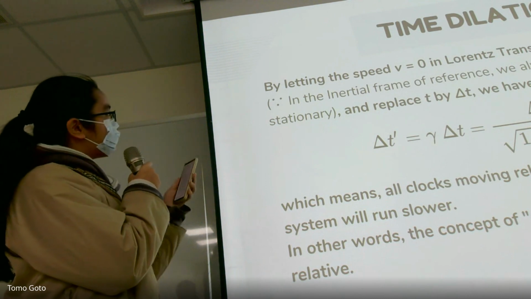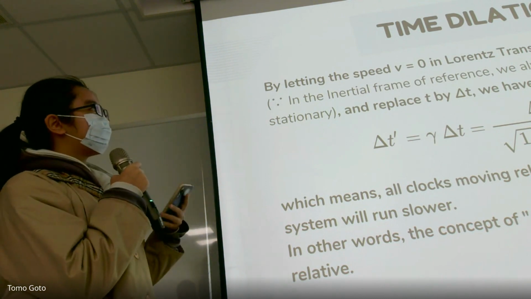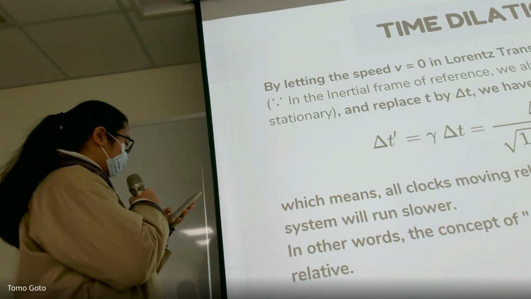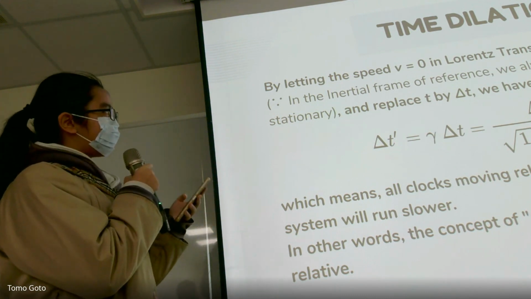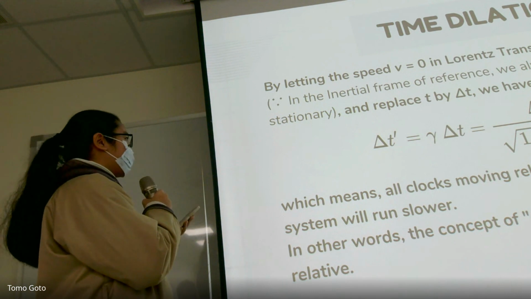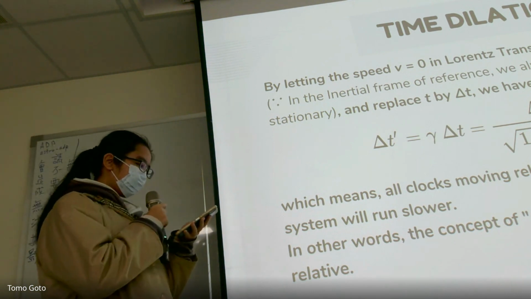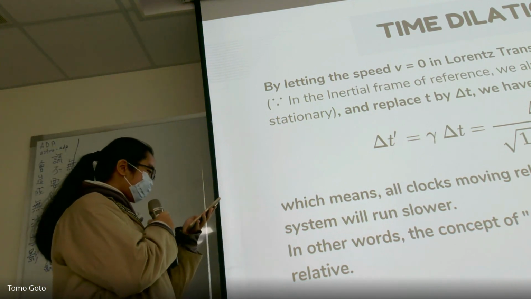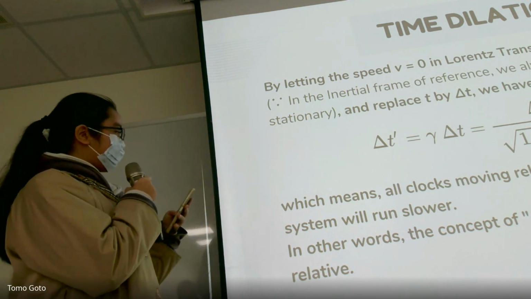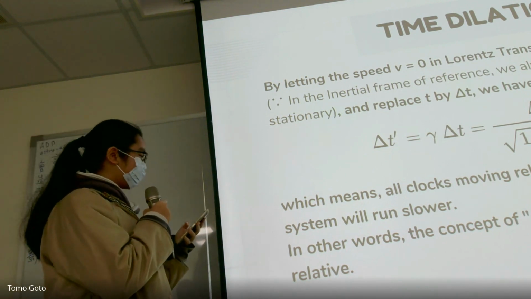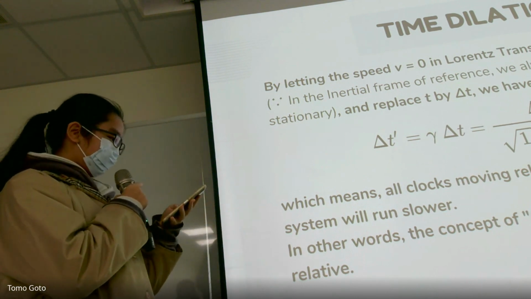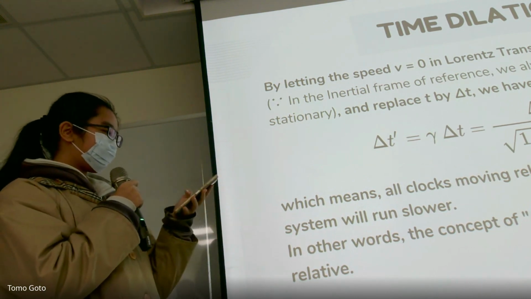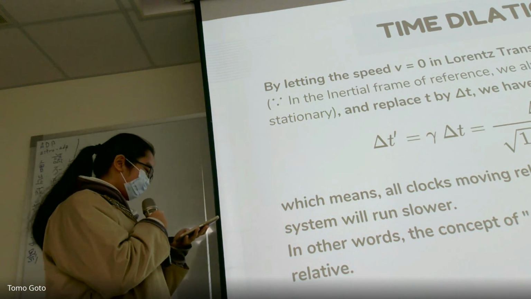Since in the inertial frame of reference we always think of ourselves as stationary, if we let the speed equal 0 in the Lorentz transformation and replace t by delta t, we can get the equation. It means that if we both hold a clock and you are moving with a constant speed, I will find that your clock is slower than mine.